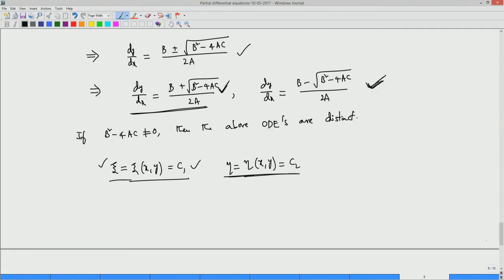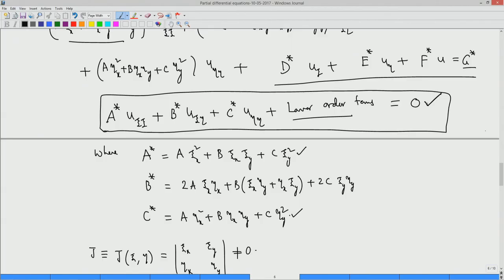So if you are given a second order linear partial differential equation with A, B, C, you start with these two ODEs and get your two curves xi and eta. Once you know xi and eta, you simply use the change of variables which I did in the last video and get your form, in which I derived my xi and eta so that A star and C star are 0.